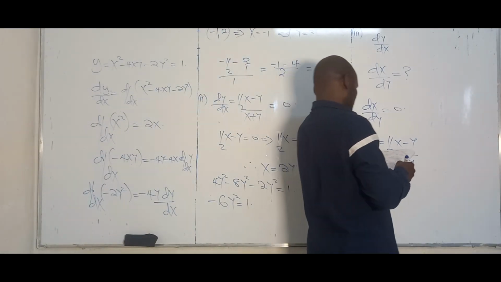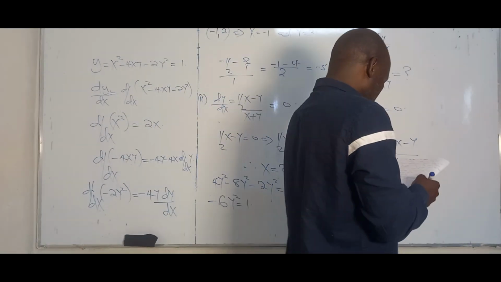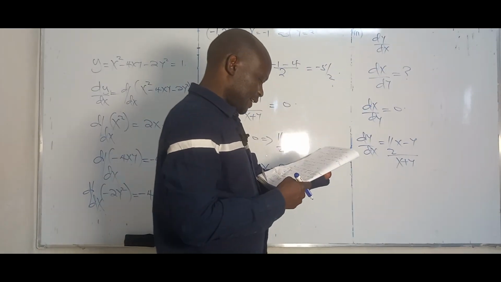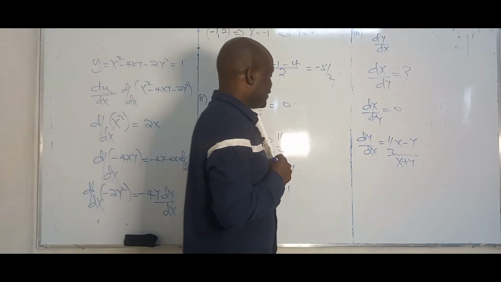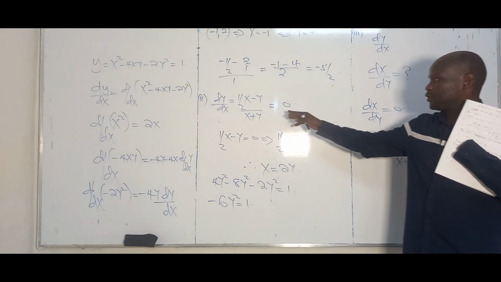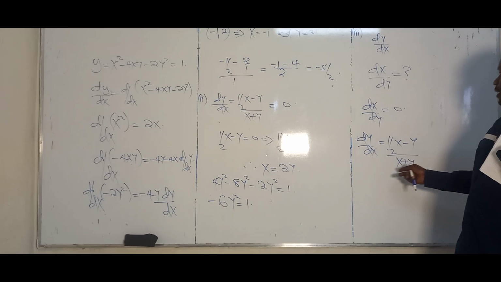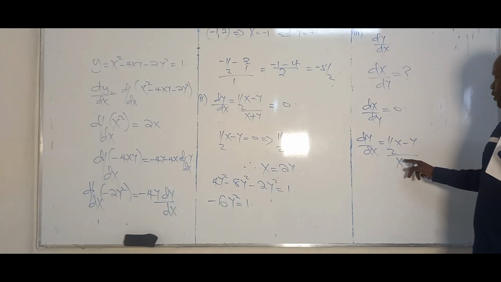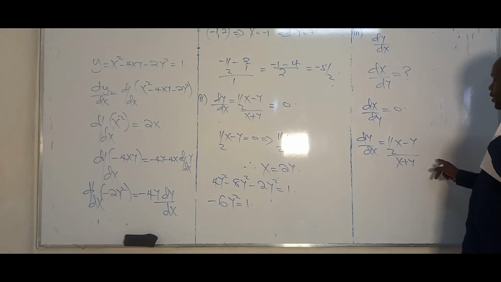From the expression for dy/dx, when do we have it undefined? Just as I said, it becomes undefined, infinity, when the denominator is 0.